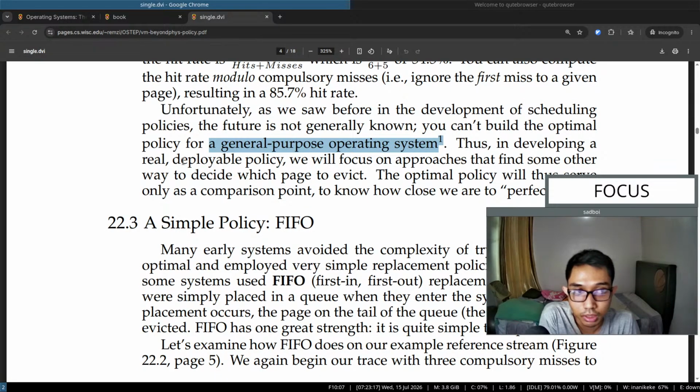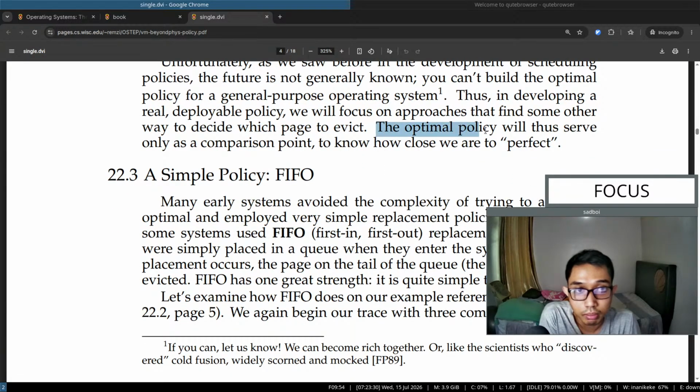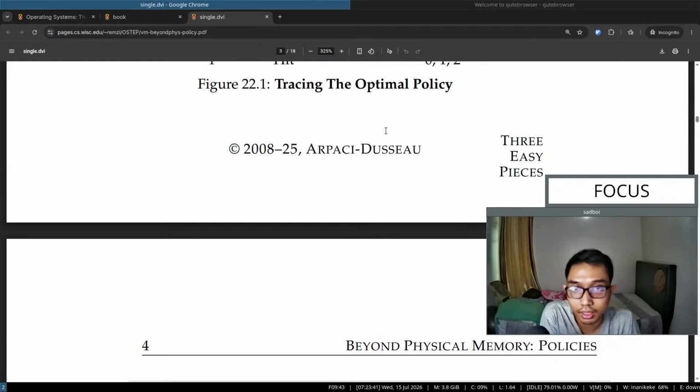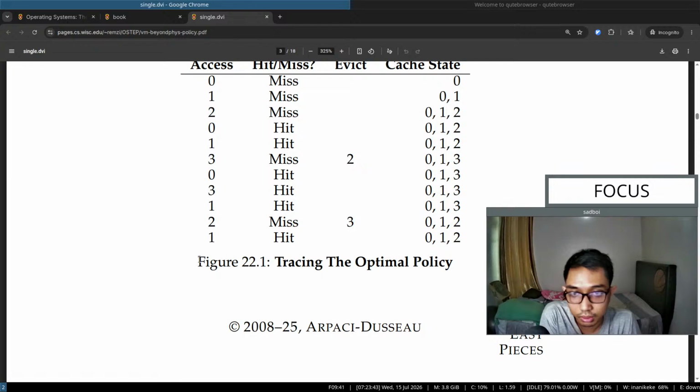Thus, in developing a real deployable policy, we will focus on approaches that find some other way to decide which page to evict. The optimal policy will serve only as a comparison point to know how close we are to perfect. Let me take a look at this figure 22.1, tracing the optimal policy.